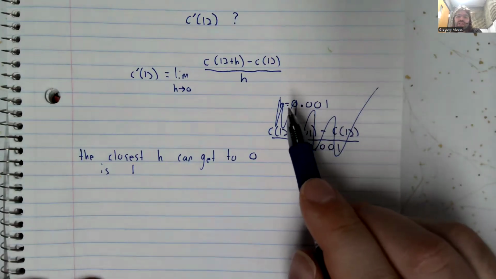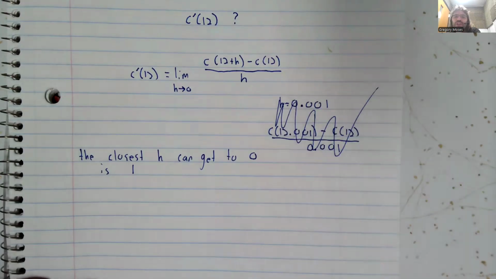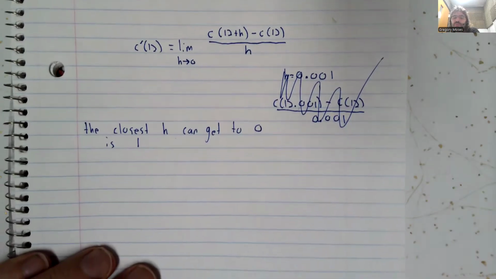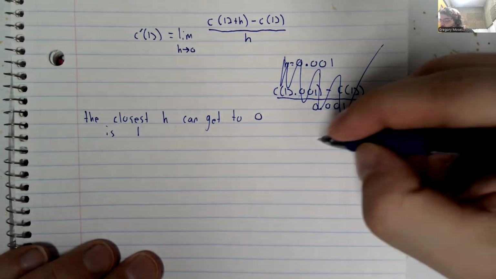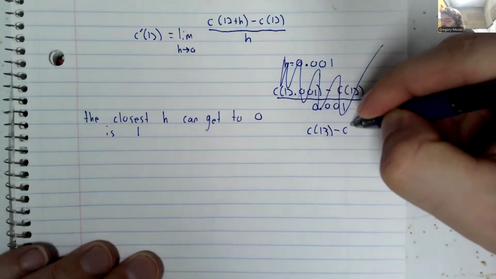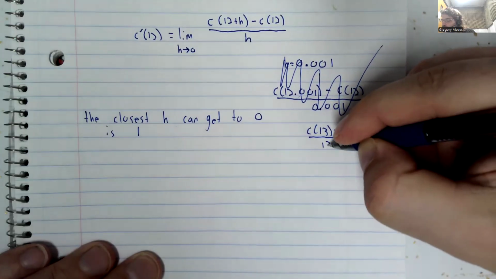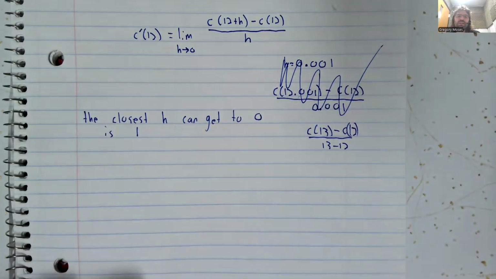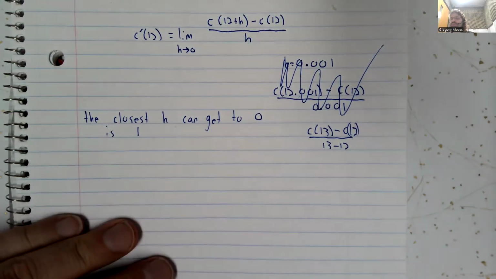When we try to let h be 0.001, we ran into a problem. On the other hand, h can be 1. If h is 1, we get C of 13 minus C of 12, all divided by 13 minus 12.